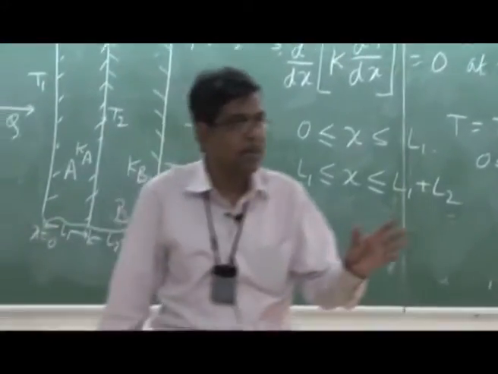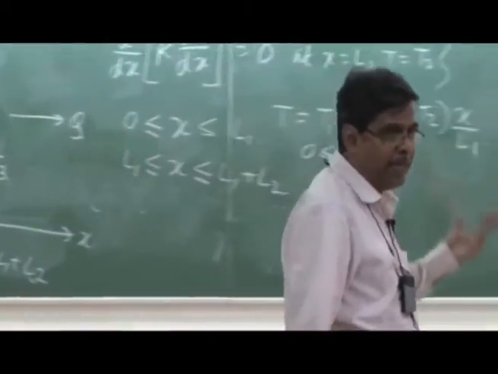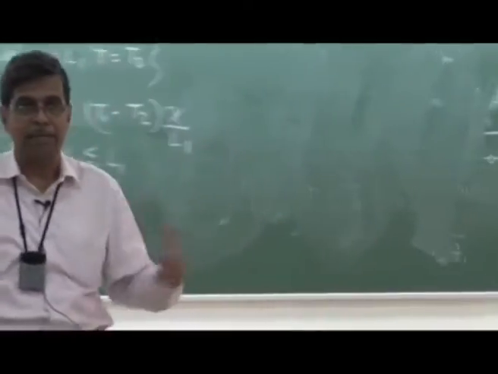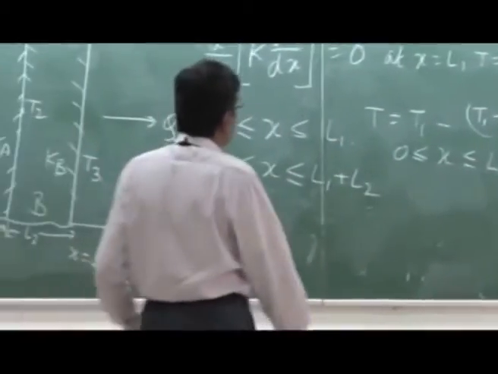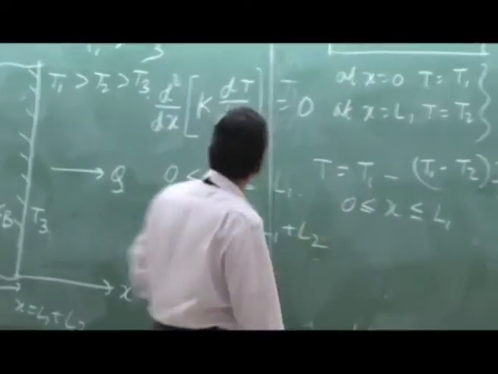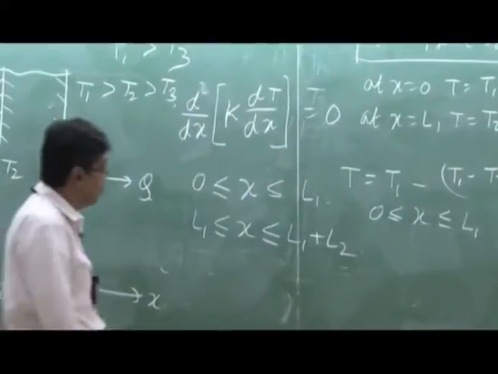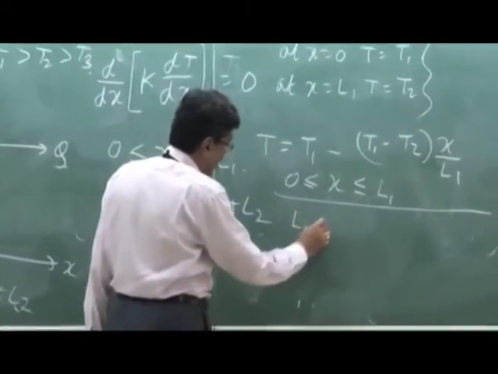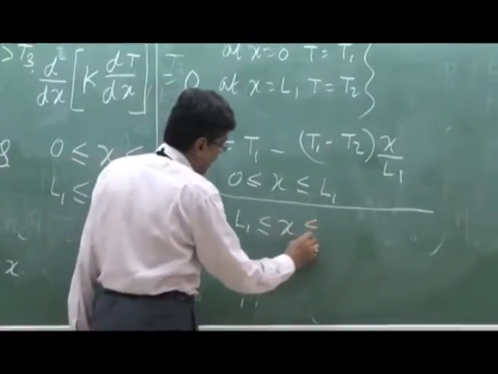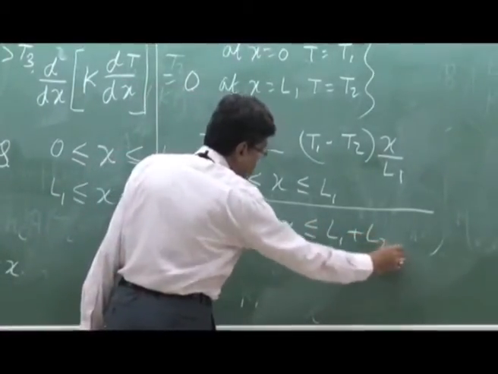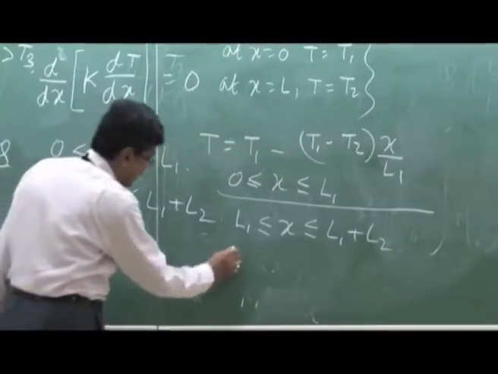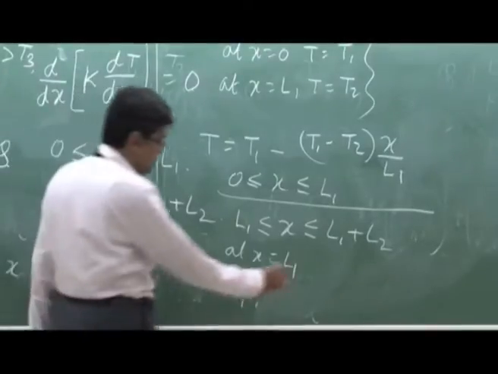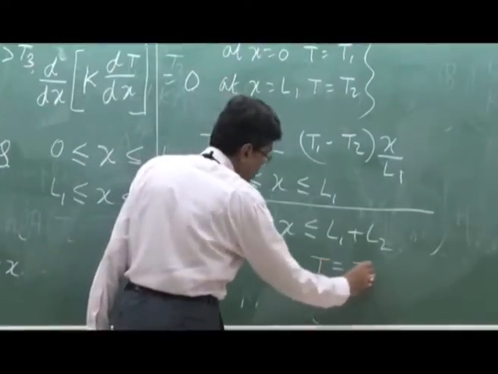Any problem? Please tell. If I make any inadvertent mistake while doing so, please immediately detect it and tell me, sir. So it is L1. Similarly, when we solve for the domain L1 to L1 plus L2, what happens? The boundary conditions for this domain, L1 ≤ x ≤ L1 plus L2, are: at x equals L1, T is equal to T2.